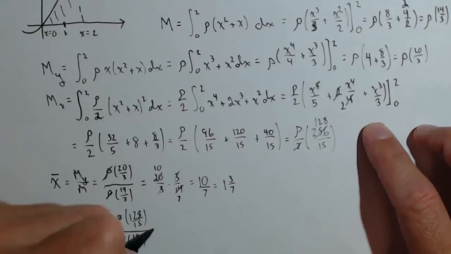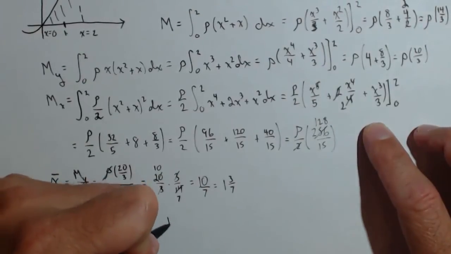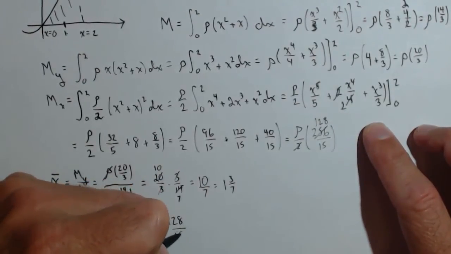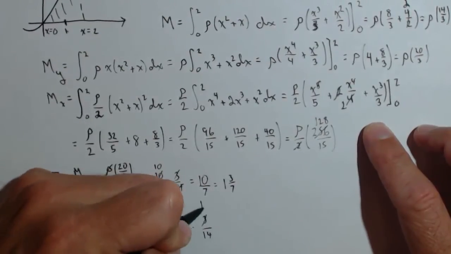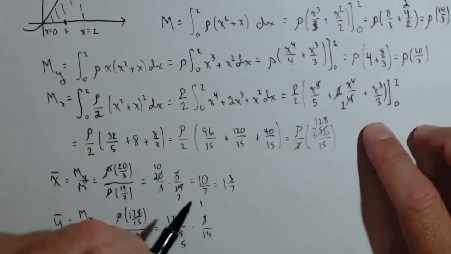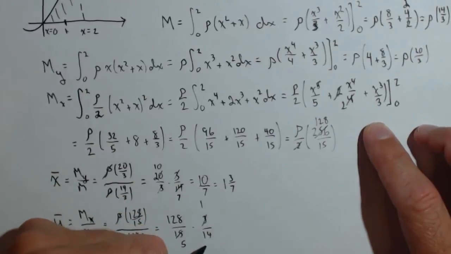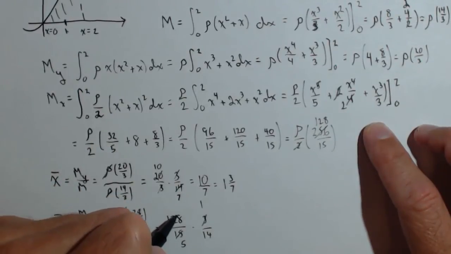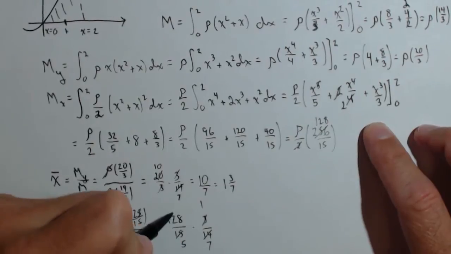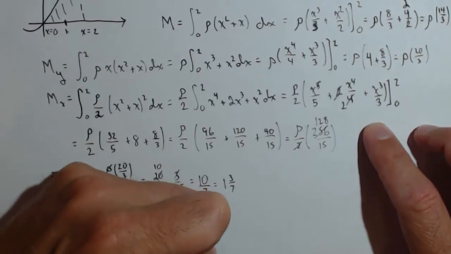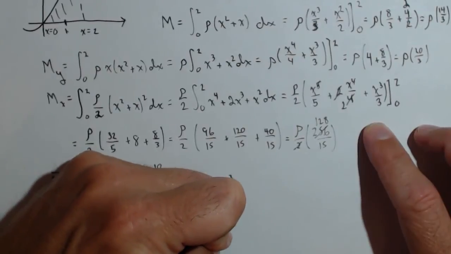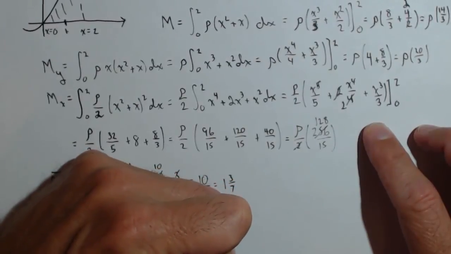Once again, the rhos cancel because we had a constant density. We end up with 128 over 15 times 3 over 14. We can cancel these a little bit. This goes to 5, this goes to 7, and this could go down to 64. And we get 64 over 35.